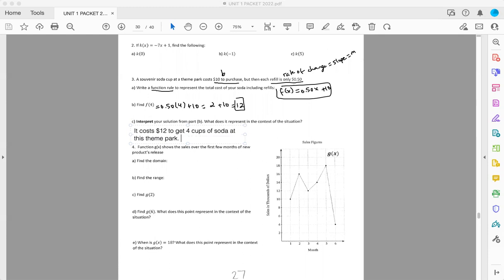It could be the original plus 3 refills, but 4 in total, right? That's pretty much it. Double check, make sure everything is fine. 50 plus 10, yep, everything looks good. So it costs $12 to get 4 cups, exactly.